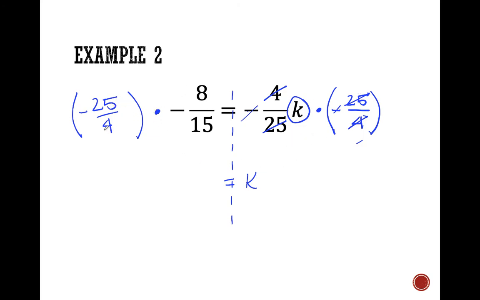Then over here we can cross simplify. 15 and 25 can both be divided by 5. And then we have a negative times a negative, which is going to be a positive. 5 times 2 is 10. 1 times 3 is 3. So 10/3, or you could do 3 1/3.